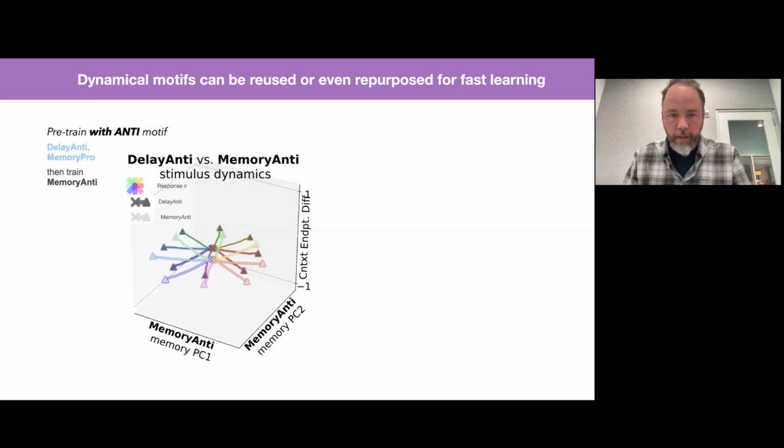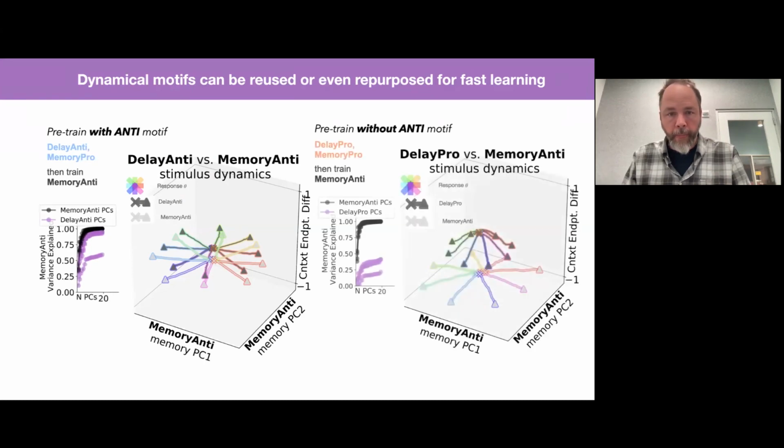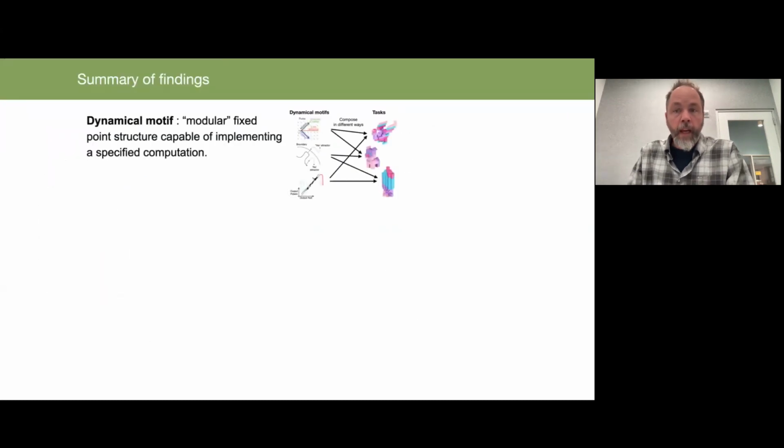Great, so I'm summarizing here. The main findings in this study of recurrent networks is that there are modular fixed point structures that are reused across task periods, right? So the generalization of Robert's work is that we've identified the substructure that's being repurposed here, right?